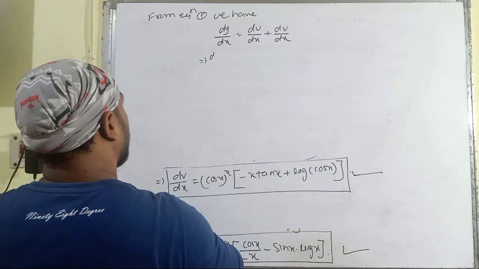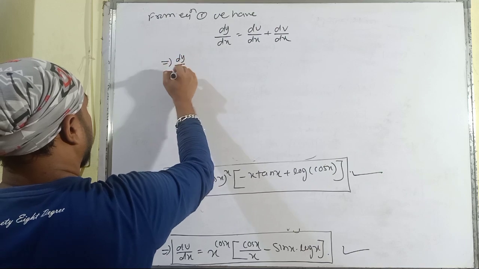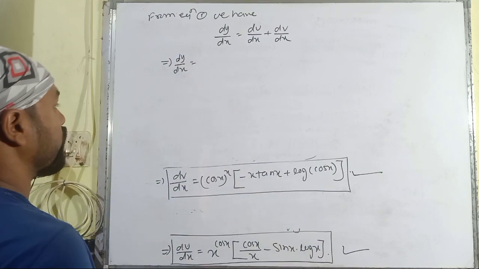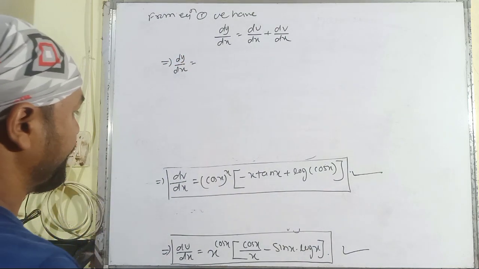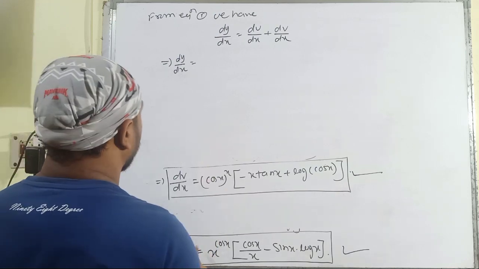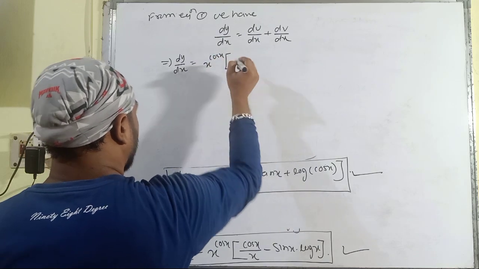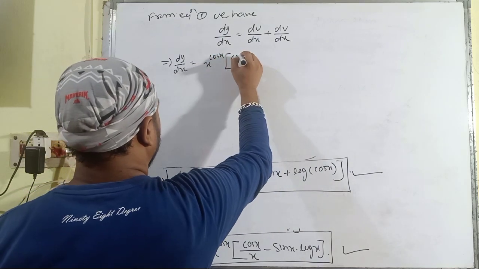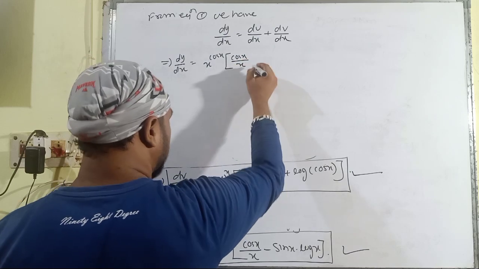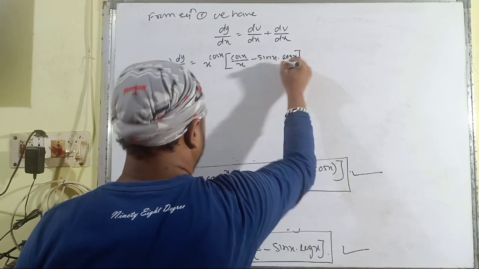So dy upon dx is equal to, just we have to put the value of du upon dx, here x to the power cos x multiplied with cos x divided by x minus sin x log x.